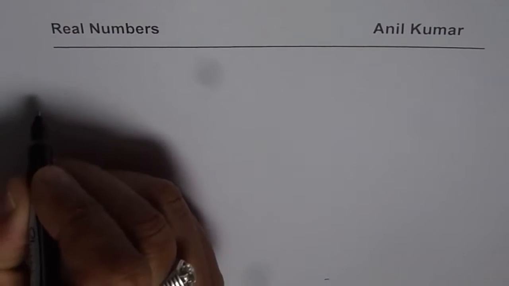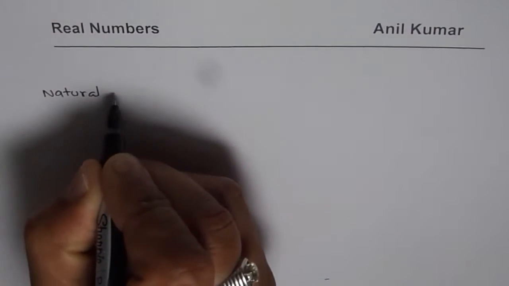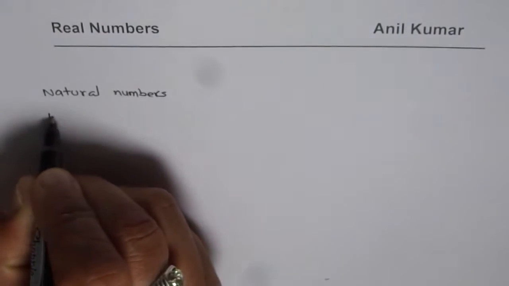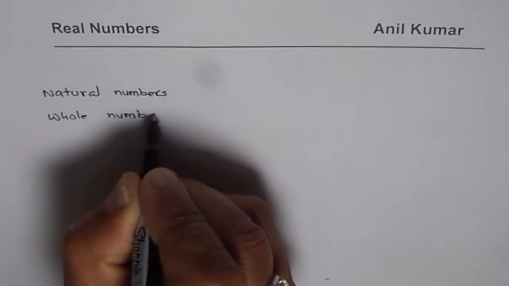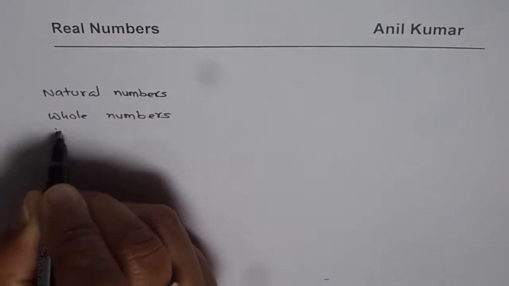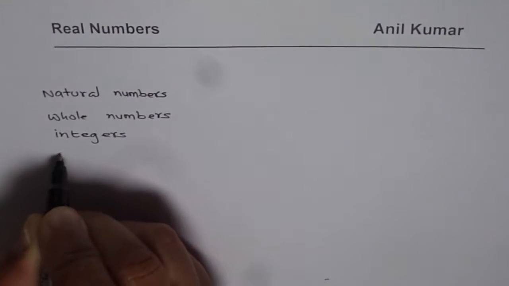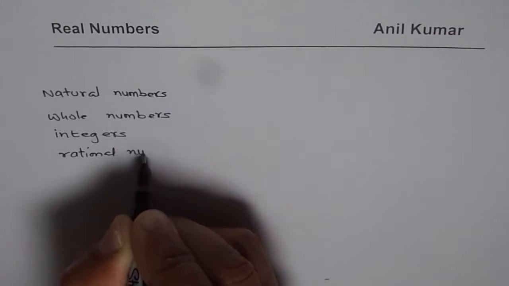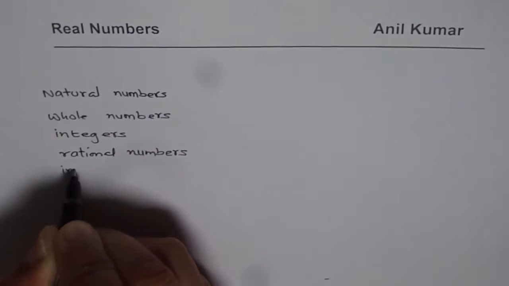As you know, numbers could be classified as natural numbers, whole numbers, integers, rational numbers, and irrational numbers.